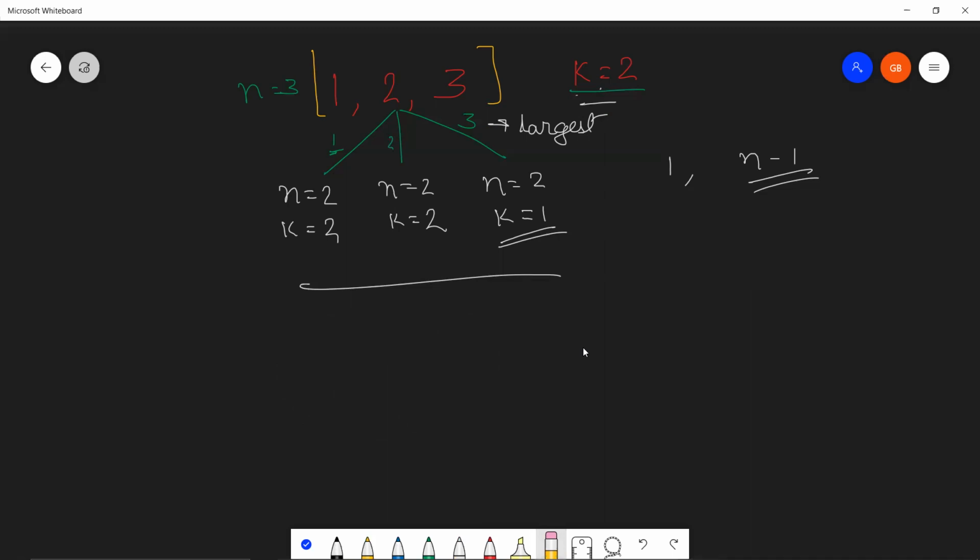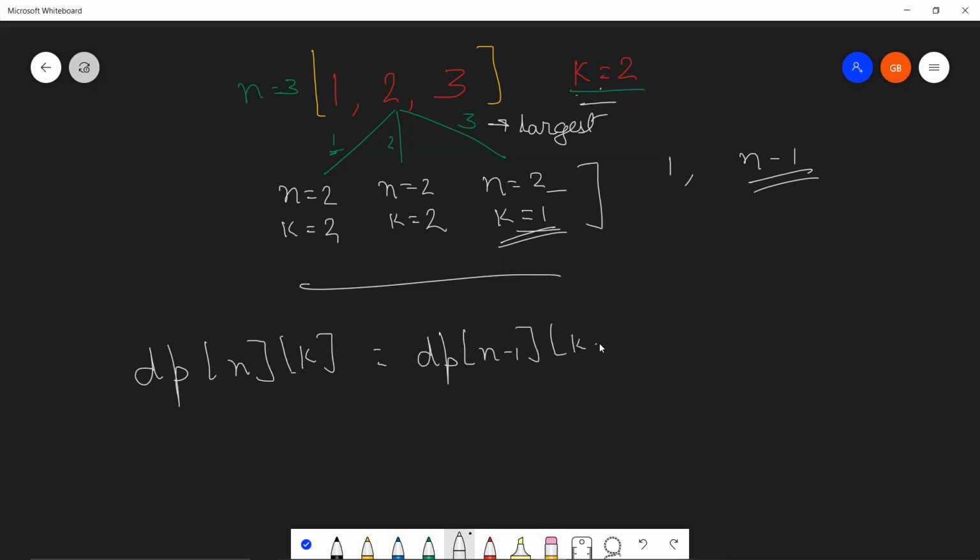Pretty easy. What will be the recurrence relation? What will be the relation that you will maintain with the DP? So let's say you are calculating dp n k. As we could see very easily, there was one case where k was being reduced and n was also being reduced, so dp n minus 1, k minus 1.